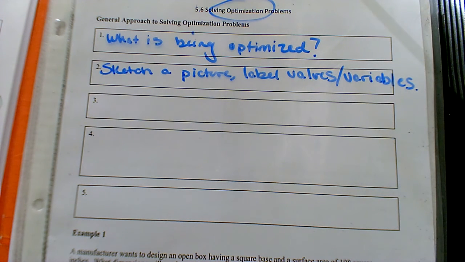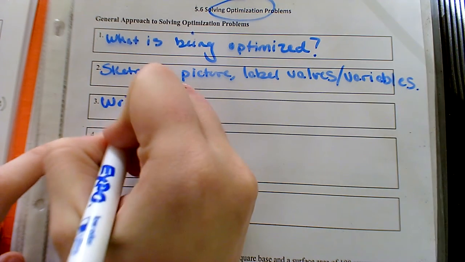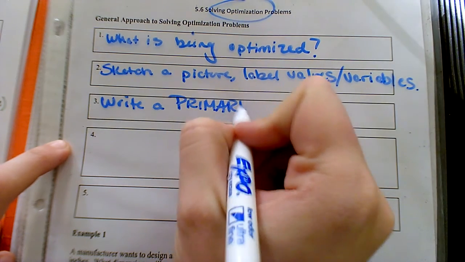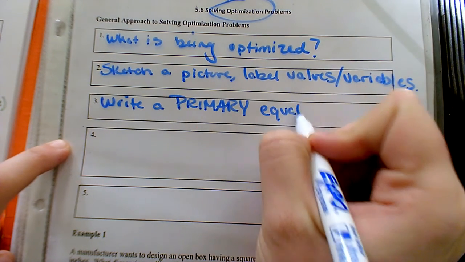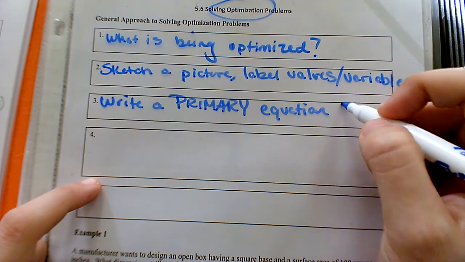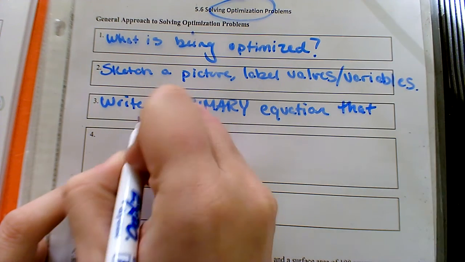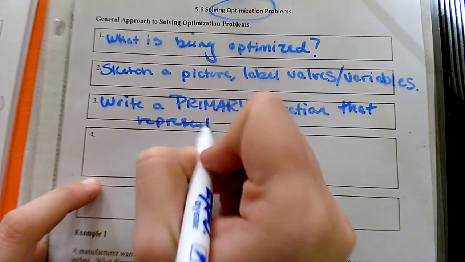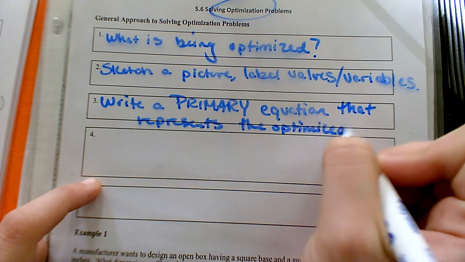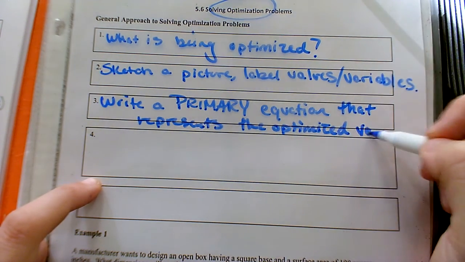Did anybody try to write an equation? We tried. You tried. Or you did like number crunching. Okay. So, write a primary equation, which is what I call the main equation that you're going to use, that represents the optimized variable.